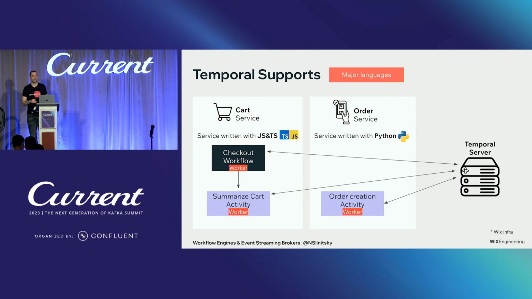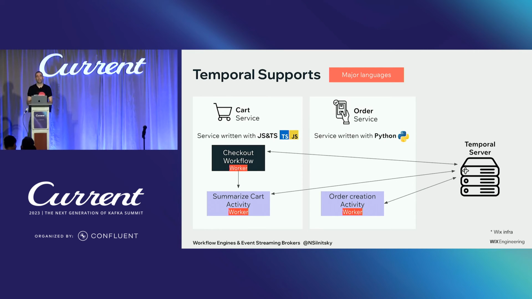And also with Temporal, a key aspect is that you can run the code that you implement for the business flows in a lot of different popular languages. So we mentioned Java JVM, and we can also run the cart service in Node.js, and it will interact with activities that are actually implemented in Python in the order server or something like that.